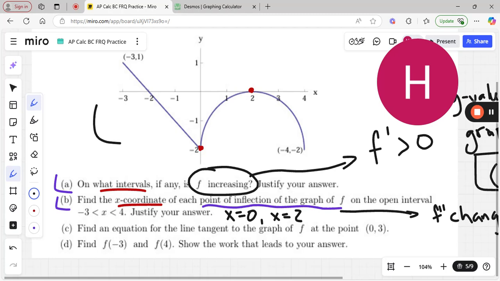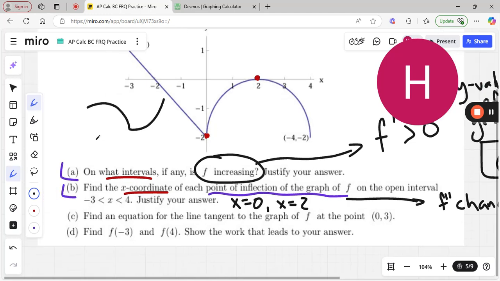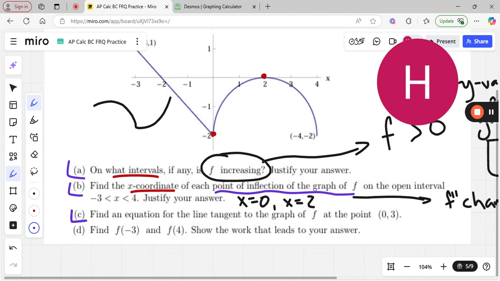Maybe I should draw it like this. Could totally go like that, right? Actually, it would be a little bit different now that I think about it. It would be something more like this, and then some kind of cusp where it still has a point of inflection there. That's my point. All right, let's look at part C.